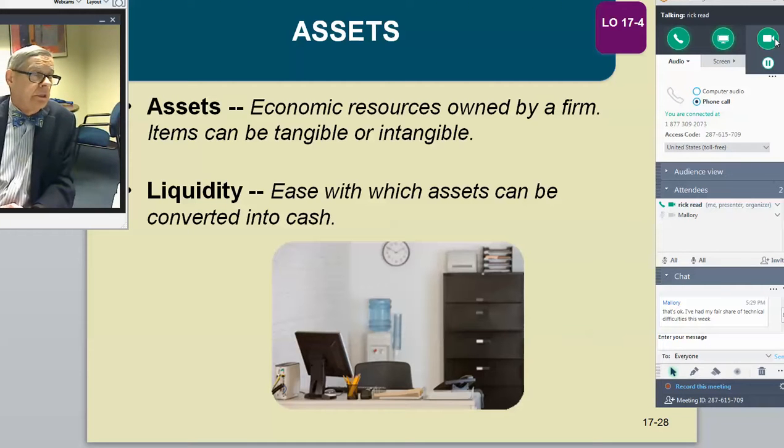We can hold it, we can see it, we can smell it, etc. Intangible is something that is difficult to put a price on, things like goodwill, trademarks, and brand, what is associated with a brand name like Coca-Cola, or Kimberly-Clark, which is the maker of Kleenex, or Minnesota Mining and Manufacturing. Liquidity is the ease with which these assets can be turned into cash.